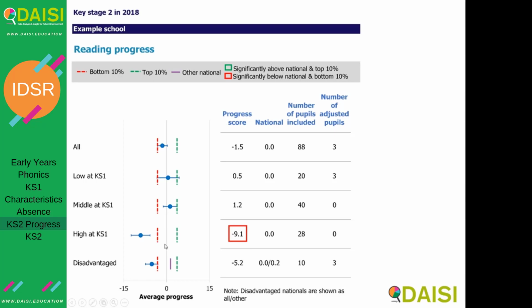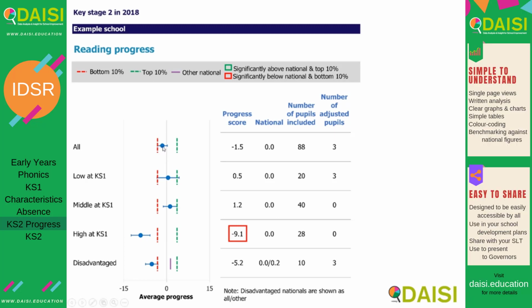Okay, but what does it all mean? Well, if the entirety of this shape, if any part of it so much as touches the 0 line, then you are in line with the national average. This terminology keeps changing. It used to be close to national average, it used to be in line, it's now called average.